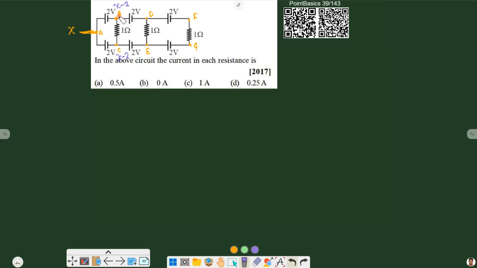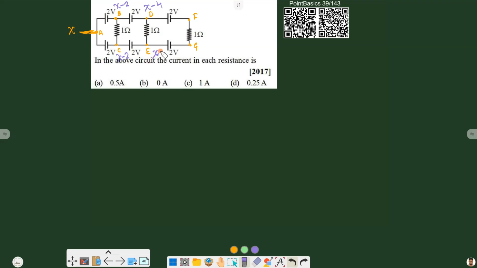Now using the same methodology for point D, as there is a battery of 2 volts connected between points B and D, B's potential should be 2 volts higher than D's potential. As per the given, the potential at B is X minus 2, so the potential at D should be X minus 4.